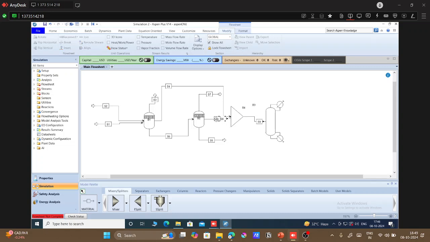So this is how it looks like. Let's do a slight rearrangement.